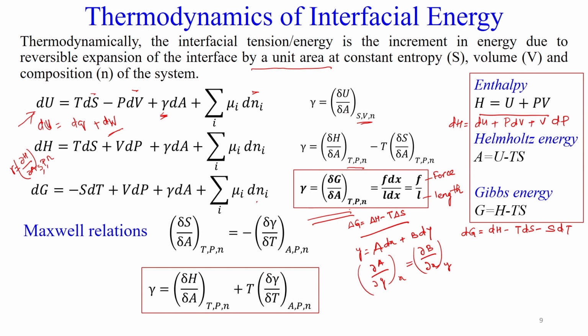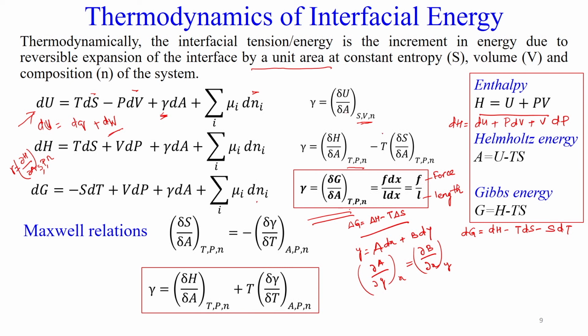So, from here, if you want to write the Maxwell relation at constant T, P and N for the S, this will be dou S upon dou A at constant T, P and N, and this will be dou gamma upon dou T at constant A, P and N, and of course, there is a negative sign. So, they are inversely related, not directly related.